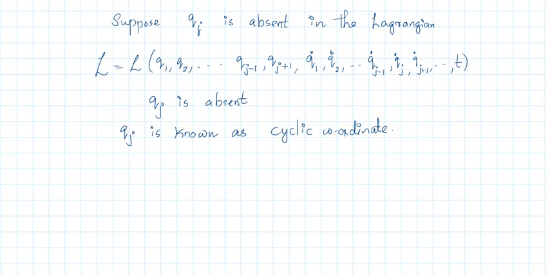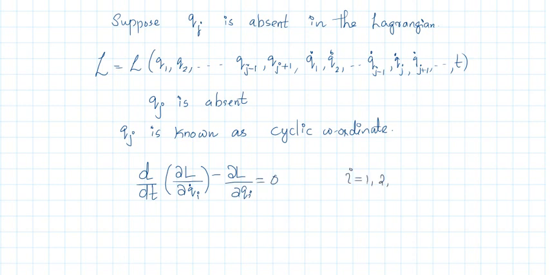Then what is the relevance of this coordinate? We have Lagrange's equation: d by dt of dou L by dou Qi dot minus dou L by dou Qi is equal to 0. Here i can run from 1 up to n. So there will be n Lagrange's equations for a system having n degrees of freedom.